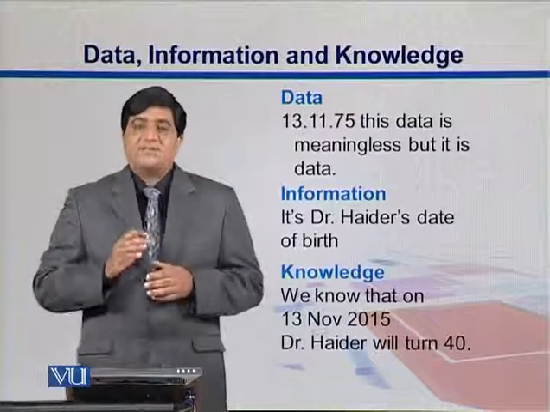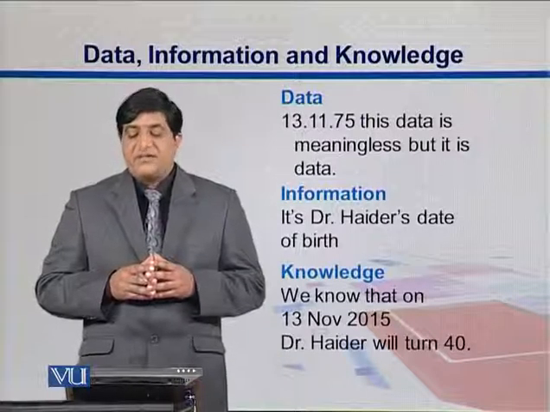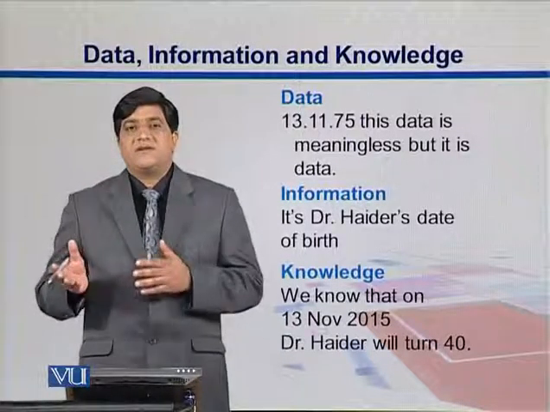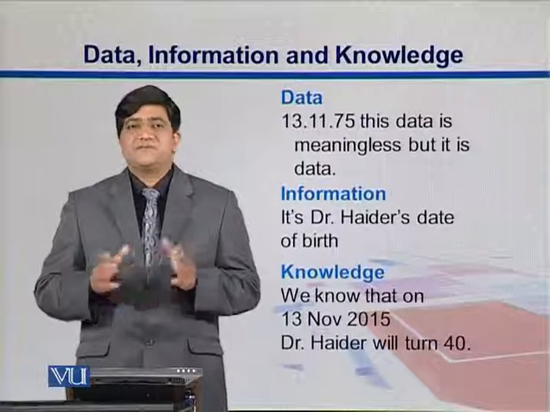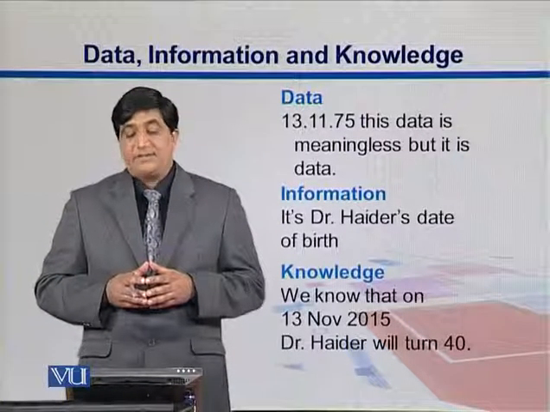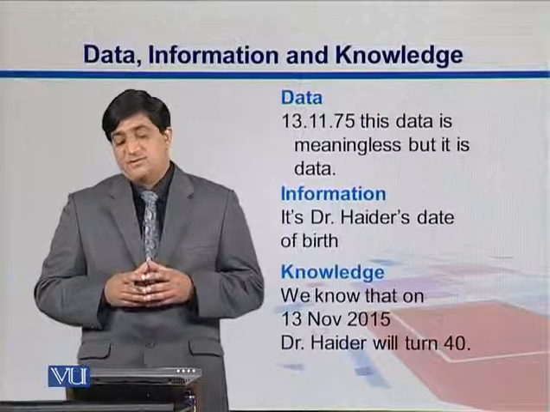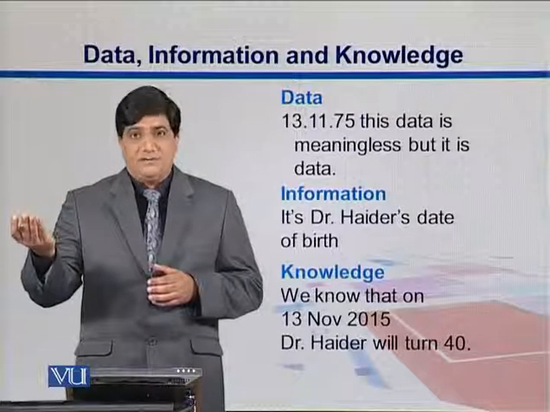Let me clear these things up with an example. For example, we get some data which is 13/11/75. It's 13 November 75. It's just data, a meaningless thing. And then somebody gives you the information that it's Dr. Haider's birthday.